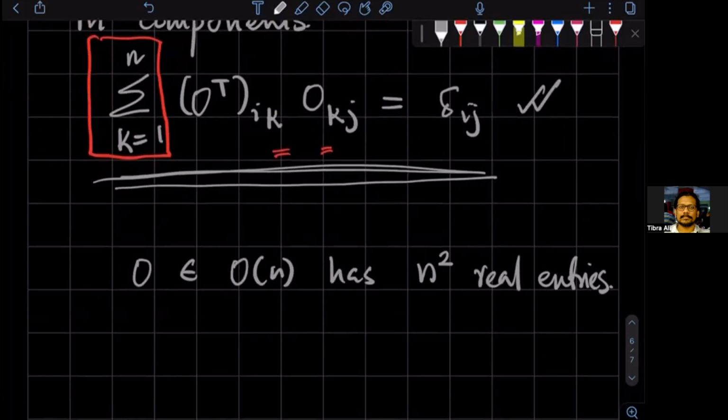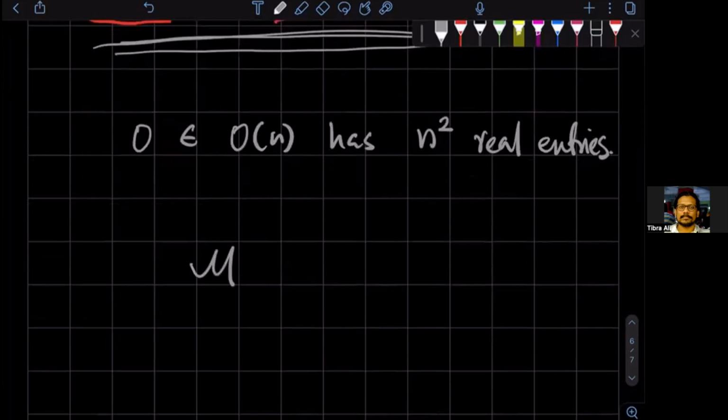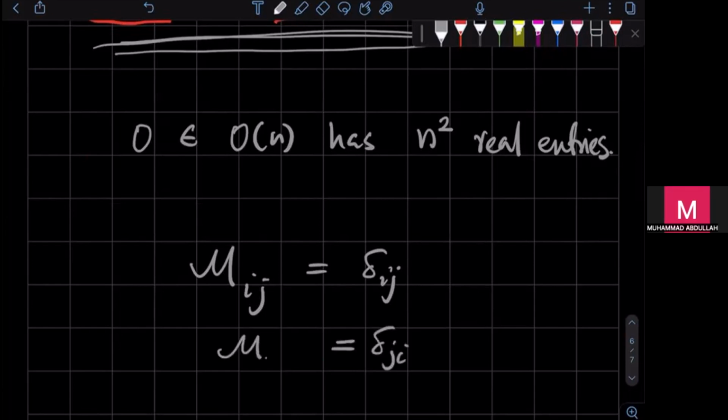So let's write the left-hand side as some matrix M_ij, and the right-hand side as delta ij. Now, is this equation symmetric in i and j? Like, if I write it as delta ji, does this give me delta ij?